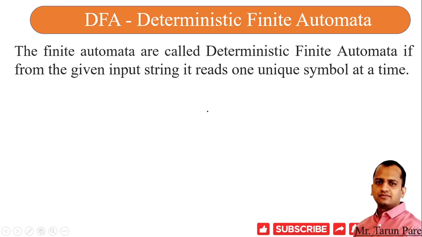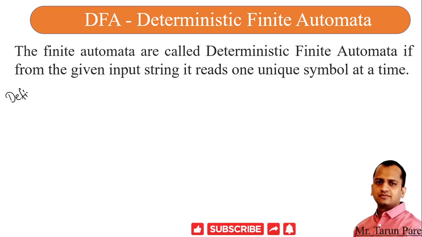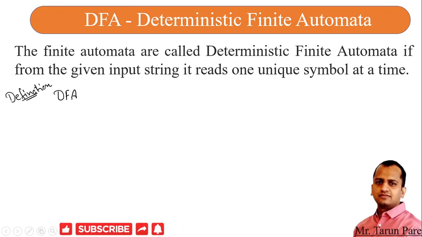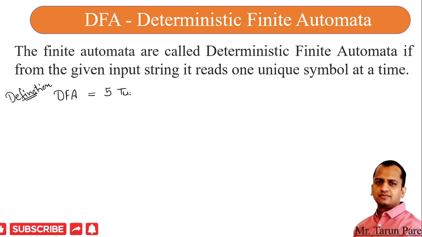So let's come back to the definition first: what is the definition of DFA? The definition of DFA is that DFA is a collection, or you can say DFA is the set of five tuples. What are they?